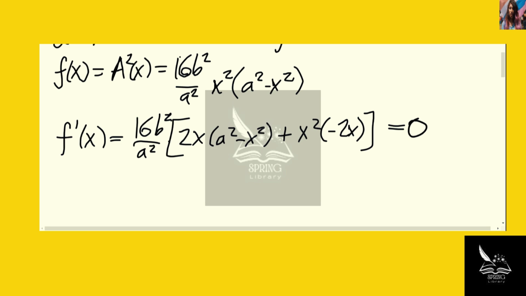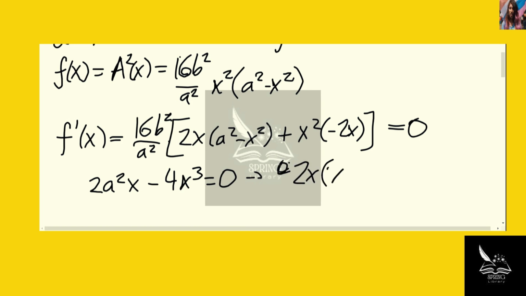Now this is only equal to 0 when 2a squared x minus 4x cubed equals 0, or 2x times 2x squared minus a squared equals 0.